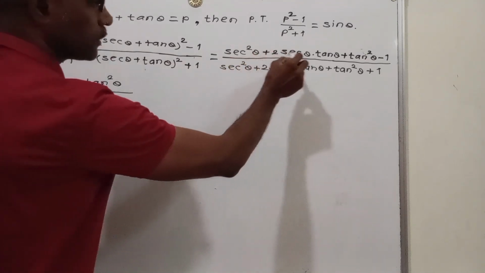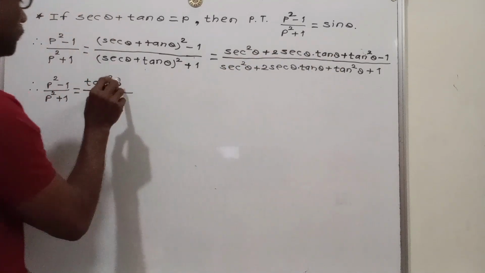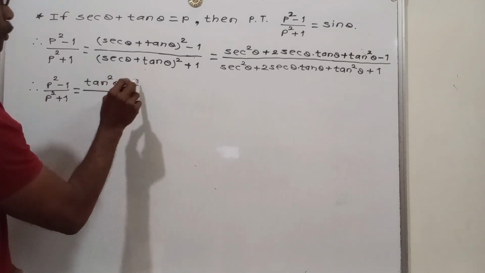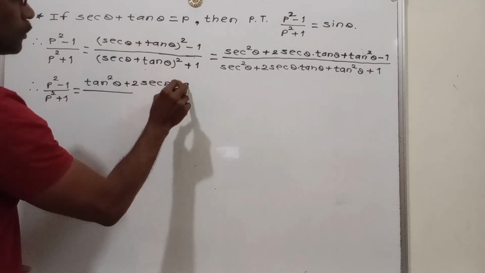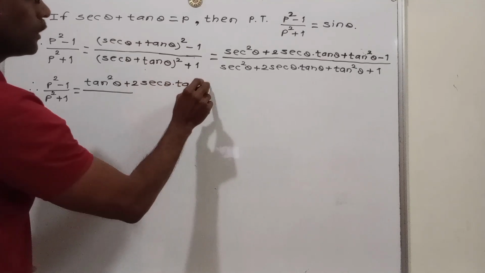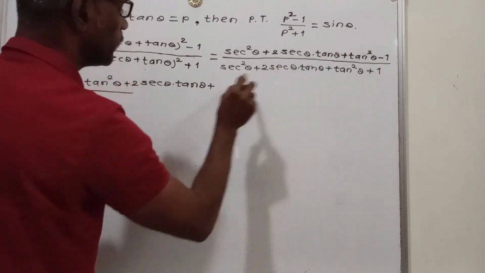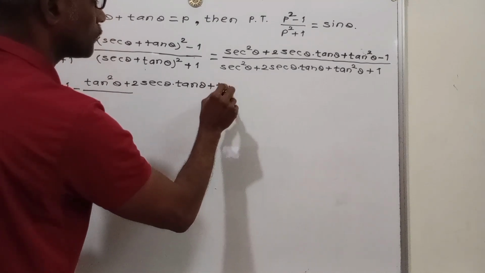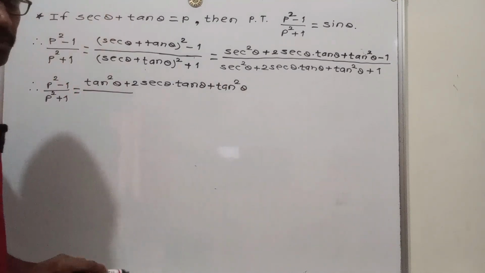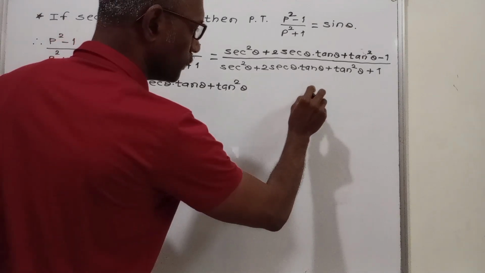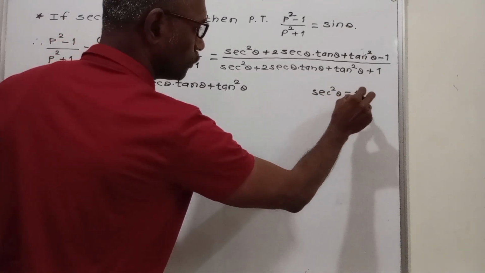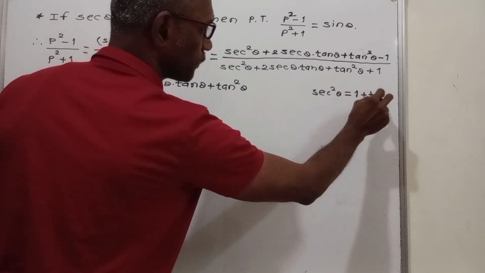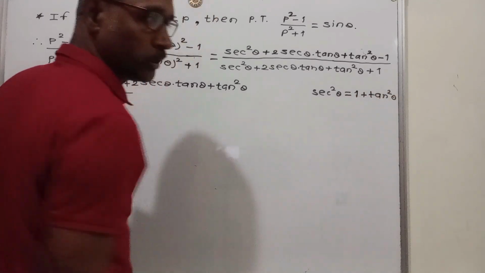Then what is left? See this, plus 2 sec theta into tan theta plus what is left? Tan square theta. What is our formula? Sec square theta is equal to 1 plus tan square theta.